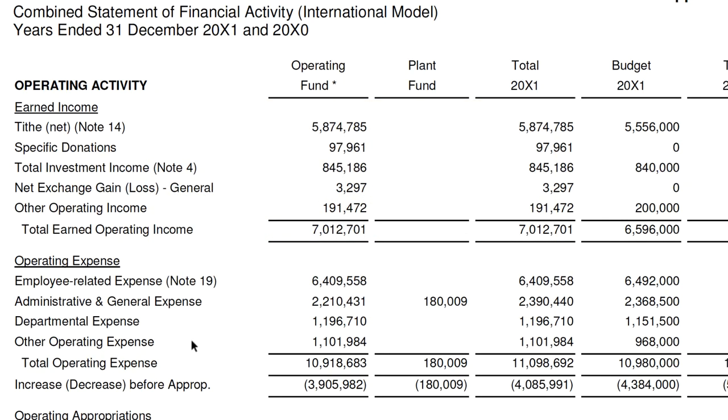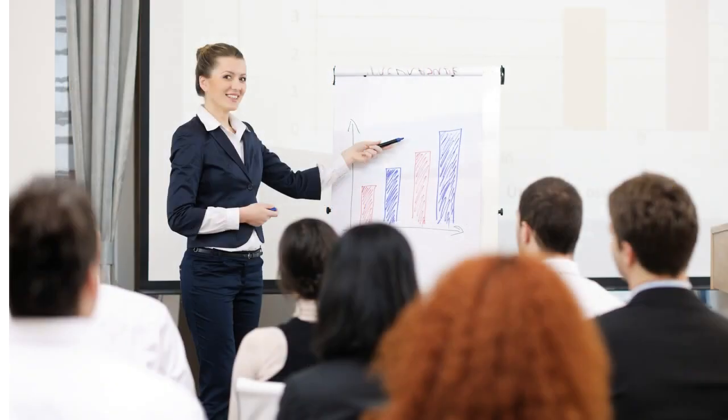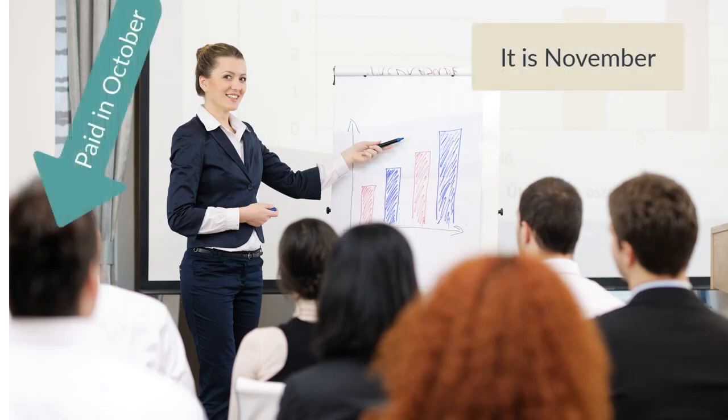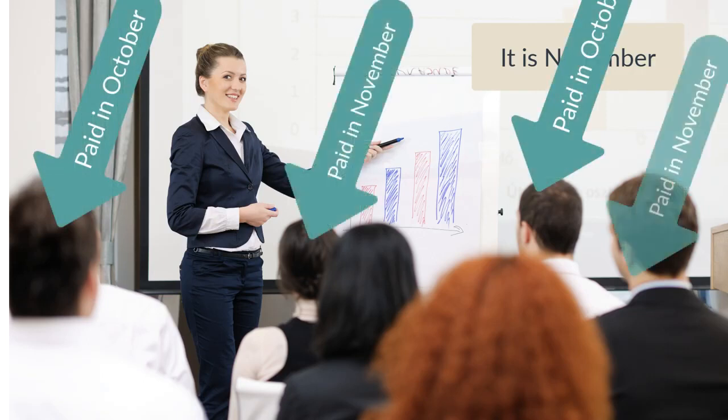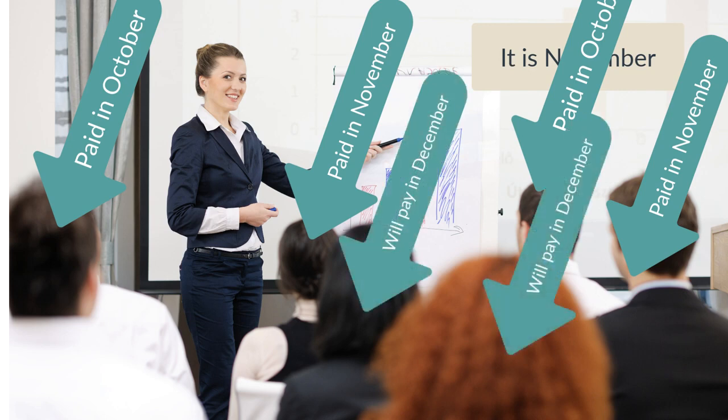A real good example would be over in the schools. I think it will be clearer than trying to explain it in the union, so let me just explain it over in the schools. We have some students that pay in advance of the month, some students that pay during the month, and some students that pay after the month.